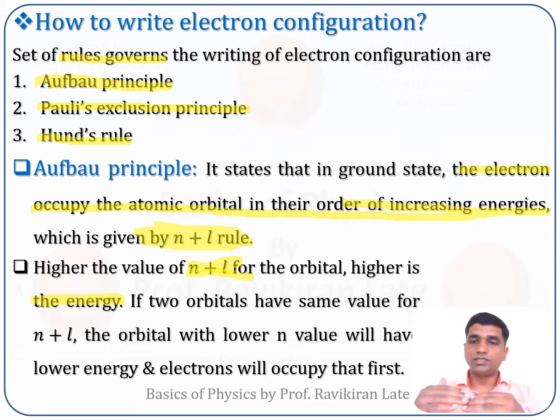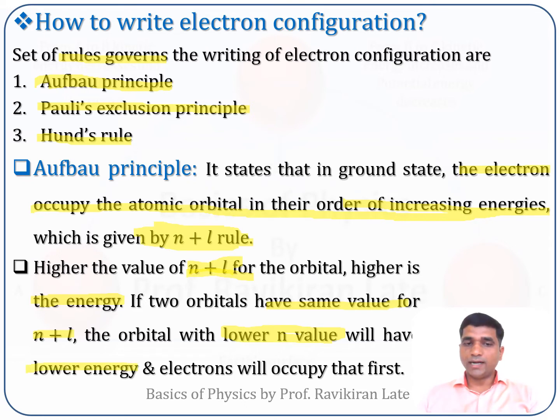So an electron which is away from the nucleus will have higher energy as compared to the electron which is closer to the nucleus. If two orbitals have the same value of n plus L, then the orbital with the lower n value will have the lower energy.